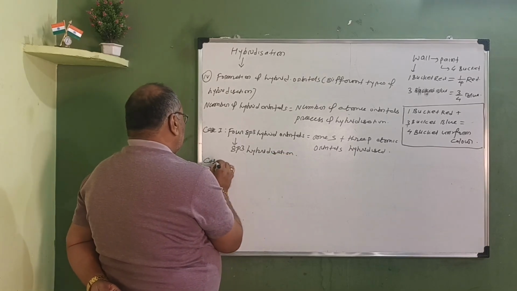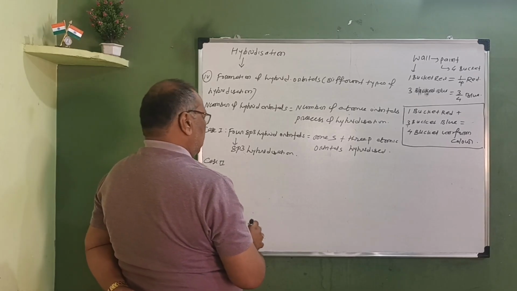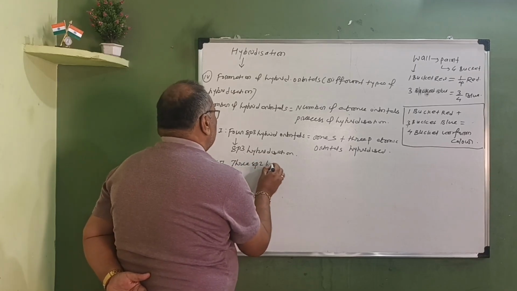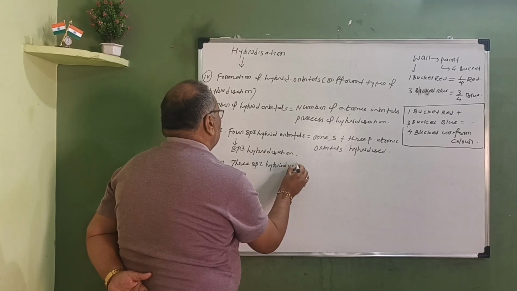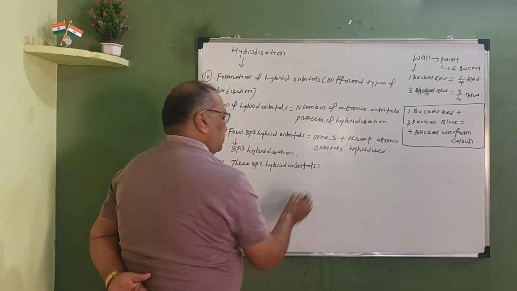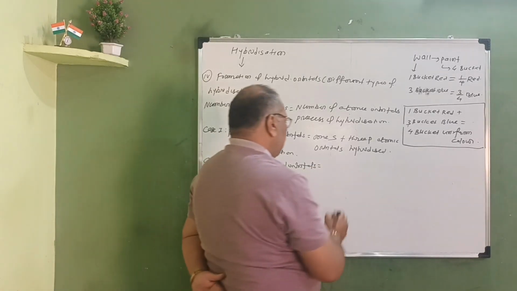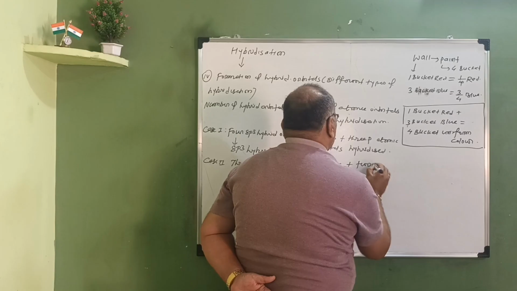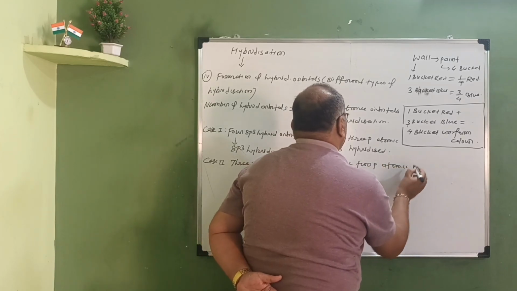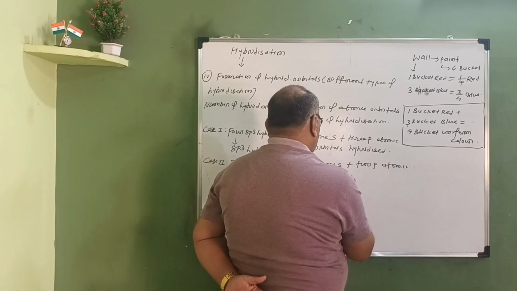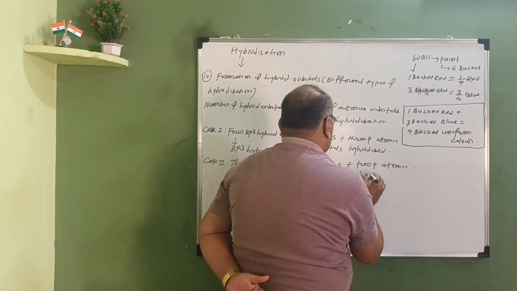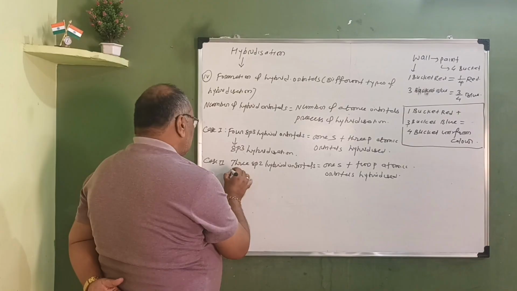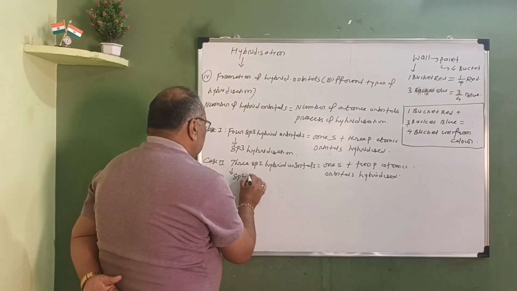Case 2, 3 sp2 hybrid orbitals are formed only when one s and 2p atomic orbitals are hybridized, and the process is called sp2 hybridization.